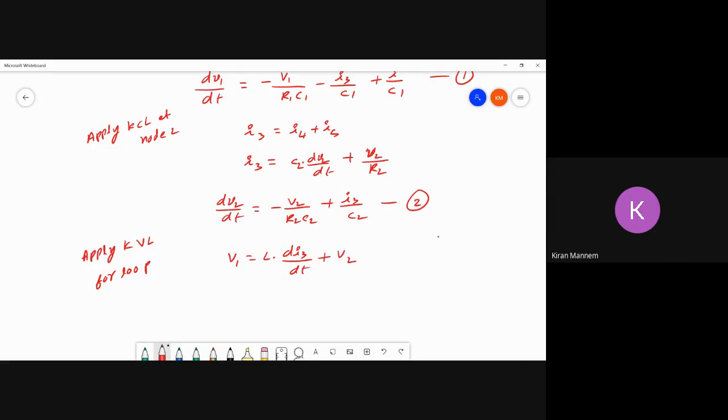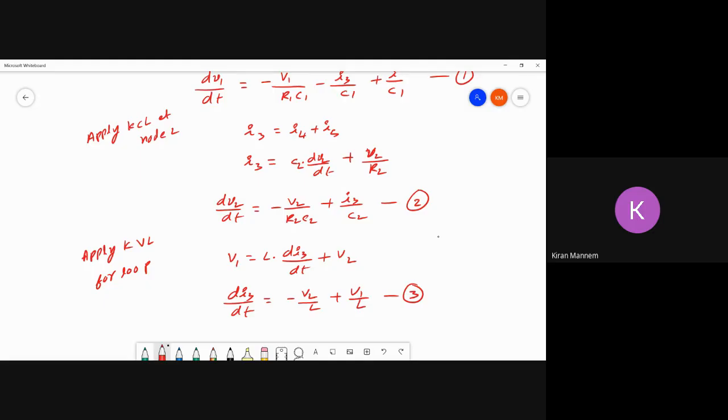Again rewriting this equation, you will get dI3 by dt is equal to minus V2 by L plus V1 by L. This is your equation number 3.